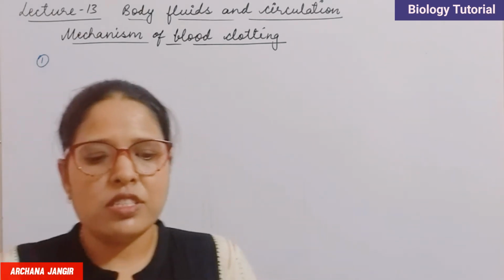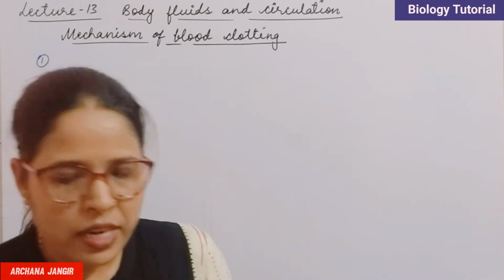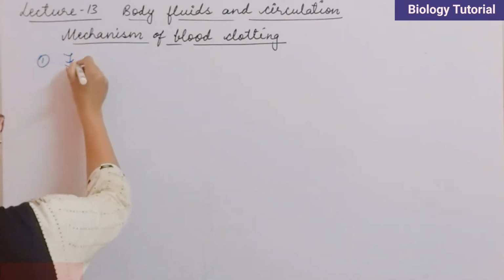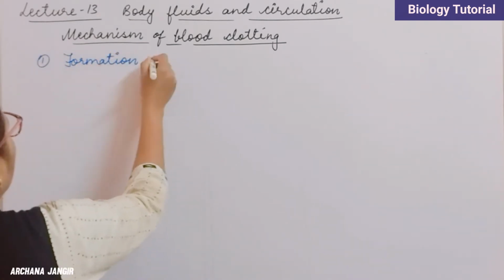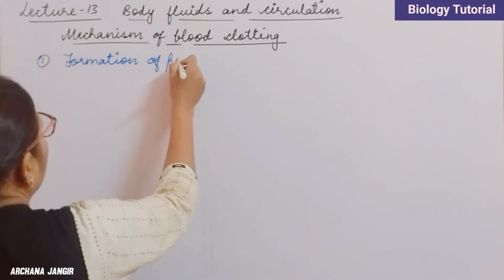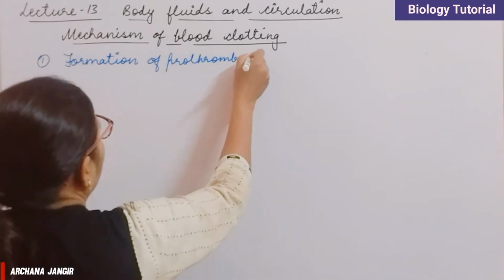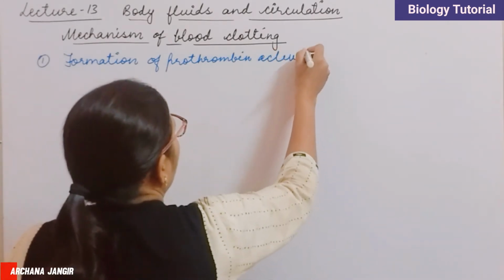So the first step is called formation of prothrombin activator, and it is the longest process.